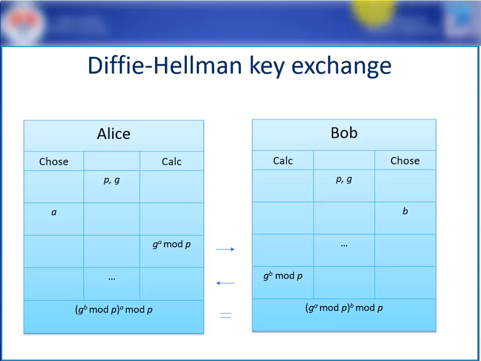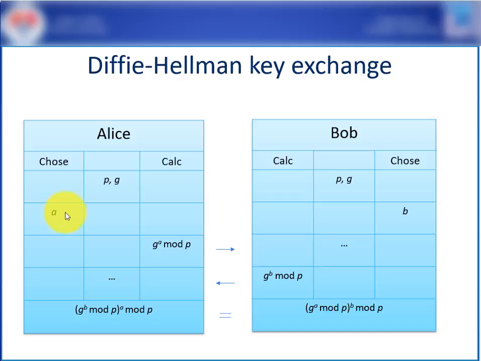So if we show this key agreement protocol using schemes, we are going to have the following picture. Alice and Bob choose the field on which they are going to work, which means that they choose the prime number for a prime field. Then they choose the generating element of this field.